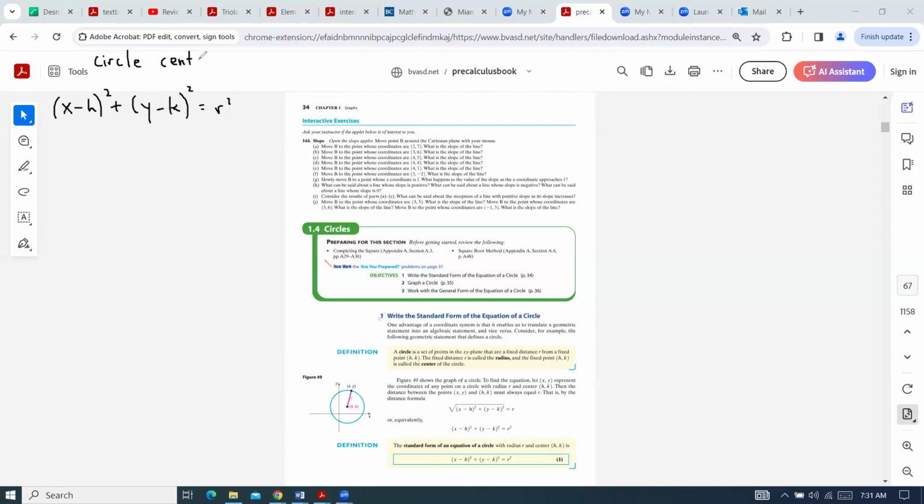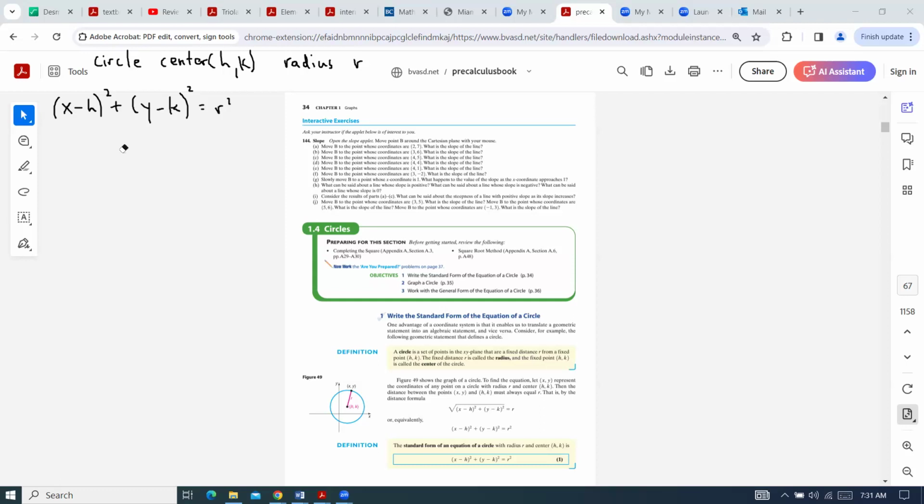The circle had two things that we needed to graph it. Center, the point to start with, which we call with a pair h comma k, the center of the circle, and radius, that is automatically called the letter r.